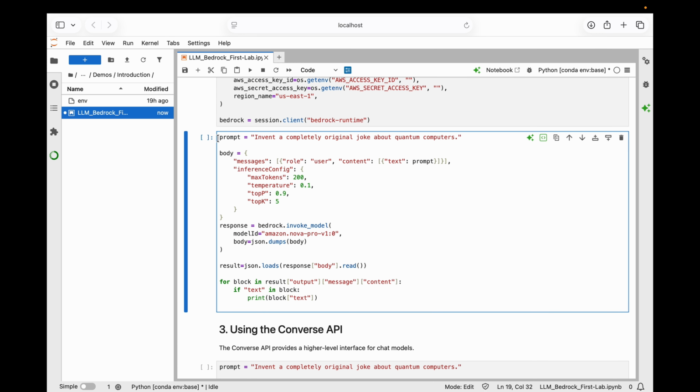And this cell shows how you can invoke Amazon Nova Pro using Amazon Bedrock's Invoke Model API. Don't worry about memorizing anything because writing code is very easy these days. The only thing that I want to show is that most model providers have similar components in the inference call.